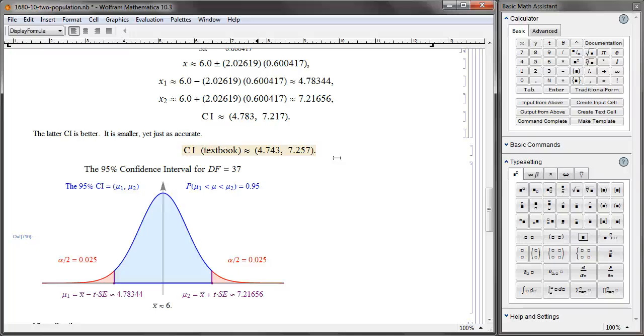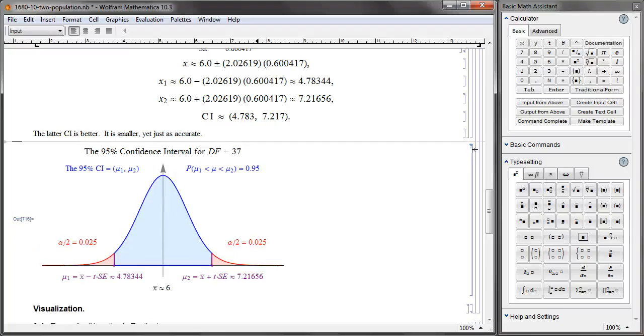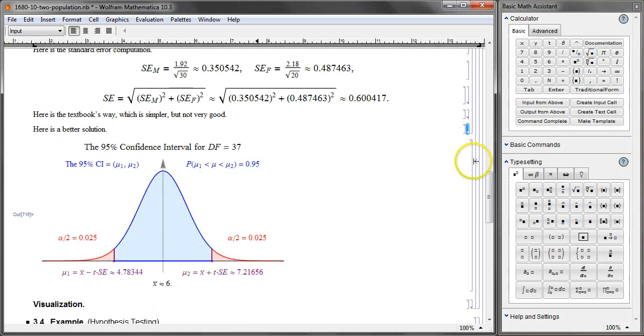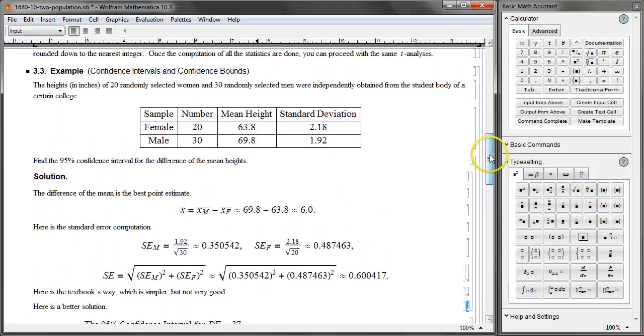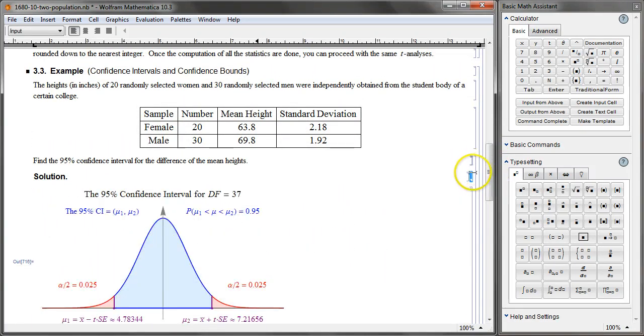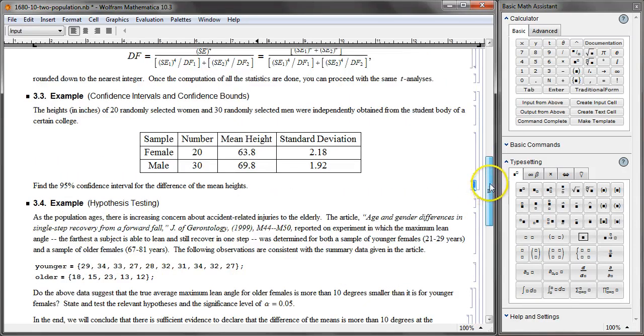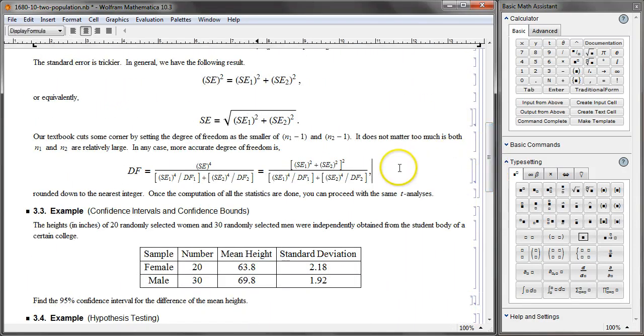You see, the radius of the confidence interval is the margin of error, so this one has bigger error than the other method. So the textbook's method works to a certain degree, but not very well. It's going to be much better if you use the new degree of freedom formula that was presented here. Right here.